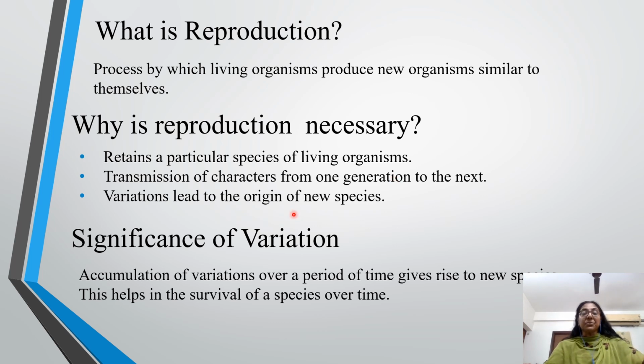Next we should see the significance of variation. It is the accumulation of small, slight changes, or variation, over a period of time, which will give rise to a new species formation, and this helps in the survival of a new species over time.